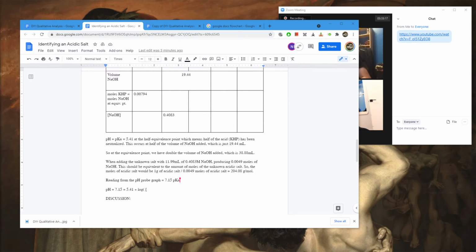Where's the anti-log on this? So you got 1.74? Yeah. Well, I guess the anti-log is just 10 to it.